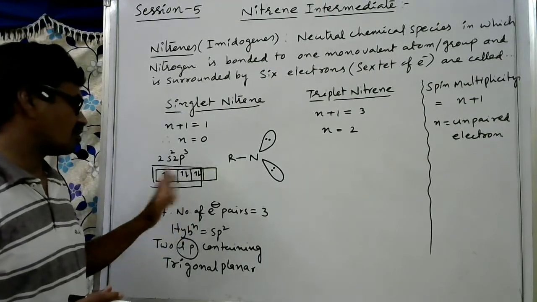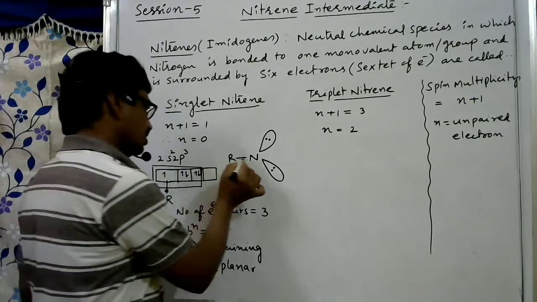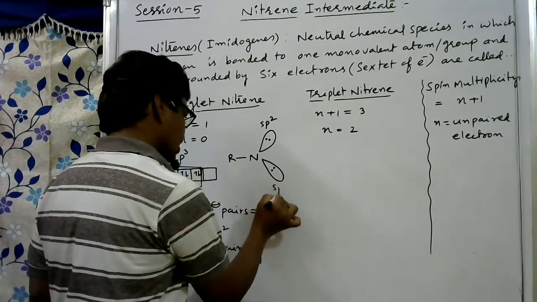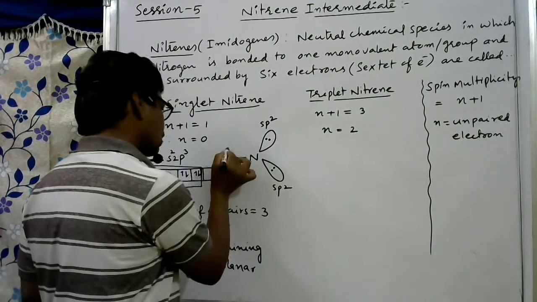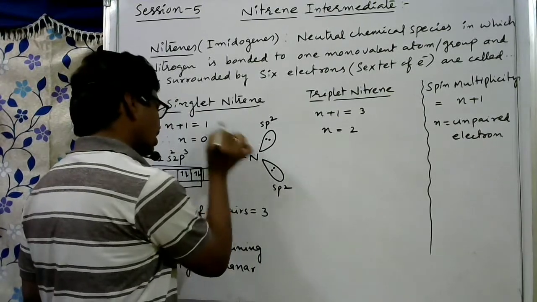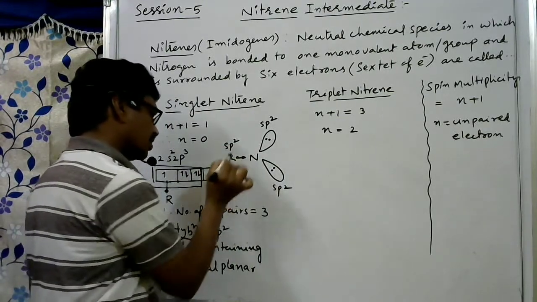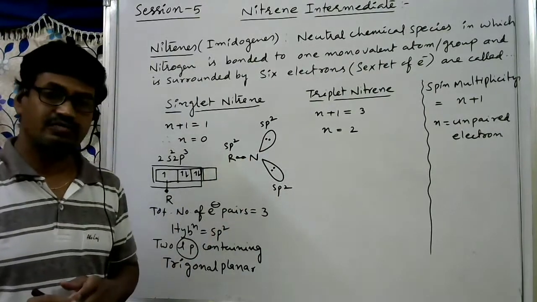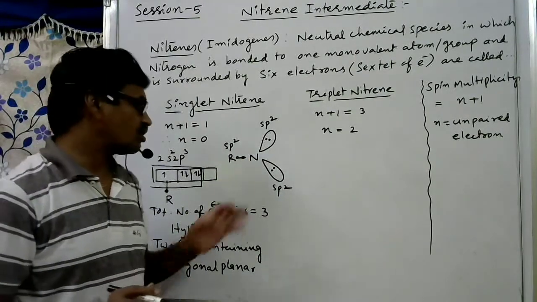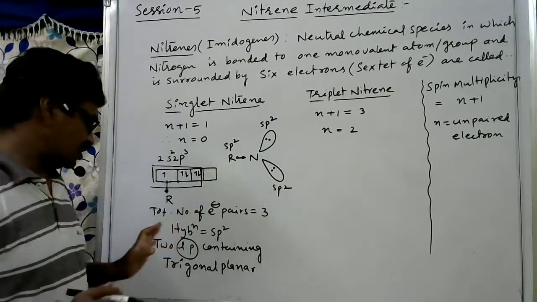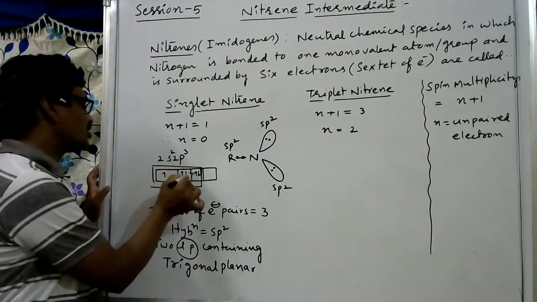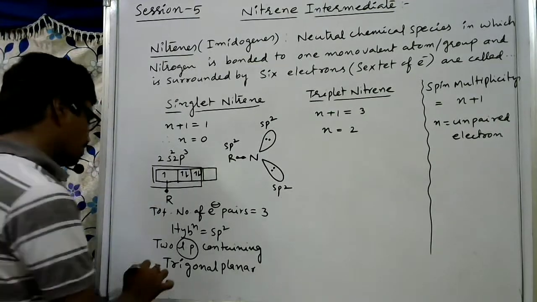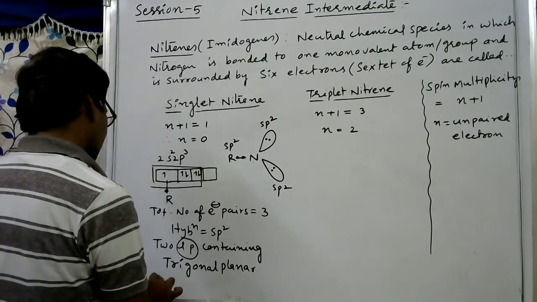This is another sp2 hybrid orbital, but here there is a bond pair to the monovalent atom. These two are electron pairs not participating in bonding, or lone pairs of electrons. As per the properties, all electrons are paired, no unpaired electrons are present, so we can say this is diamagnetic.